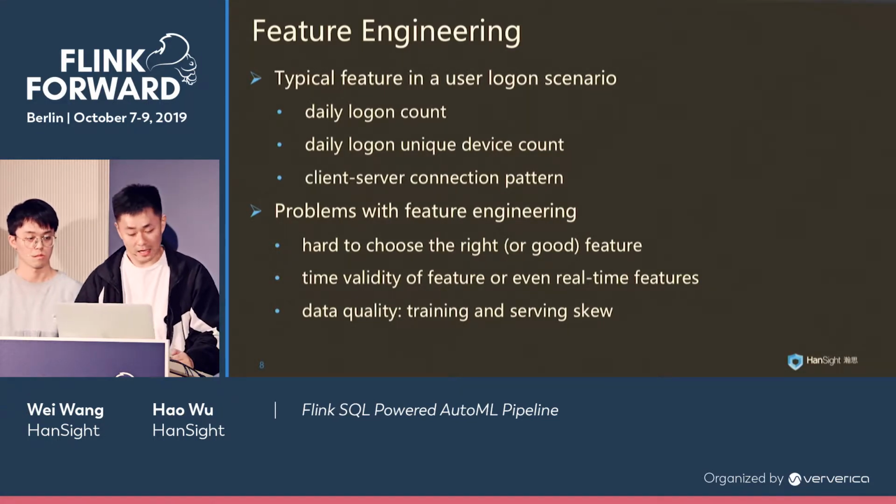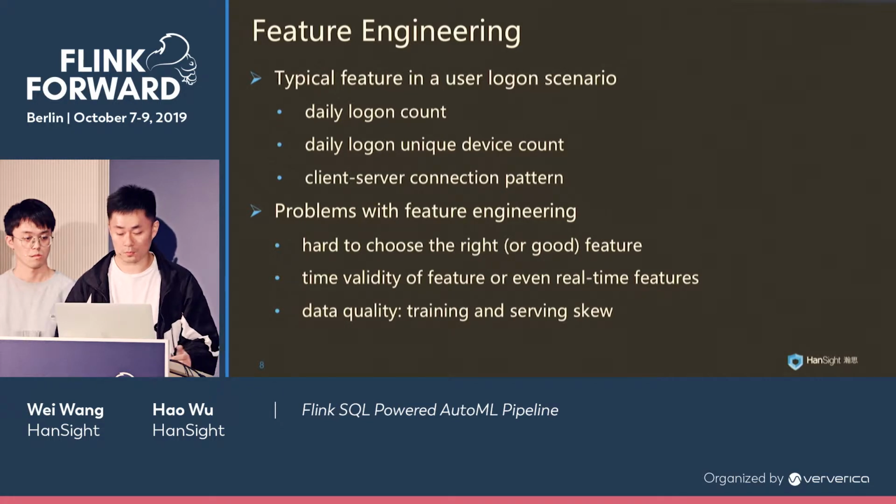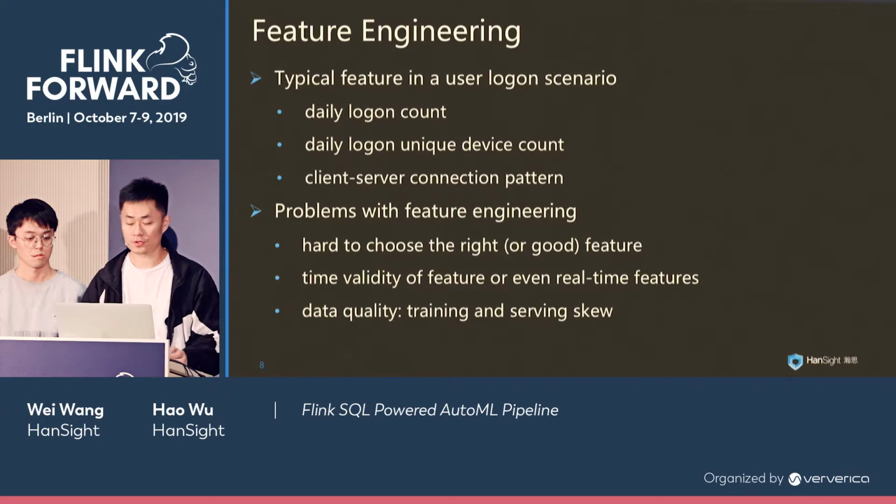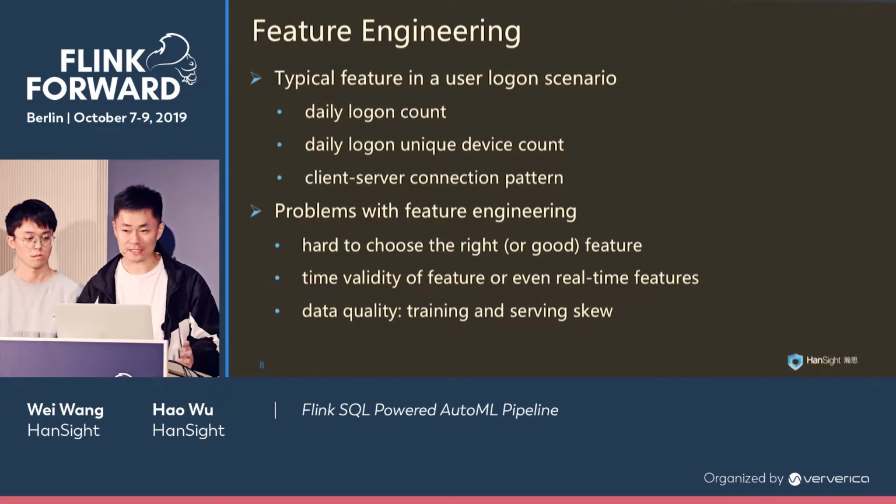Like I said, it's hard to choose the right one, or even a good one, because you don't know. Usually the experience is that you just calculate as many features as you can to see the result, but it'll generate too many false positives because the data quality is not that good. So again, data quality is the key to every machine learning step afterward.